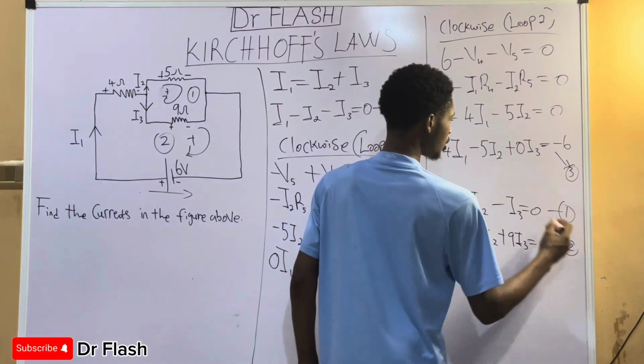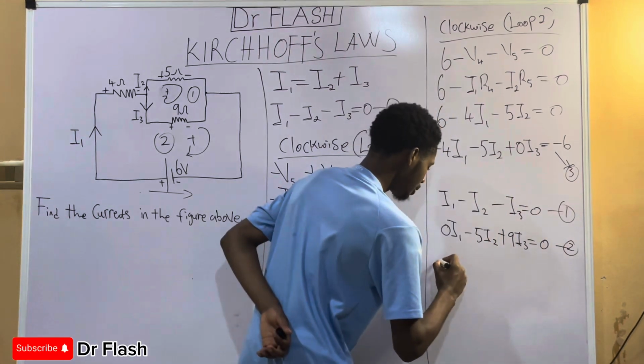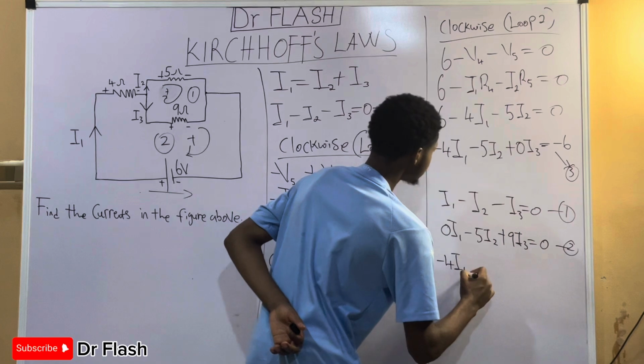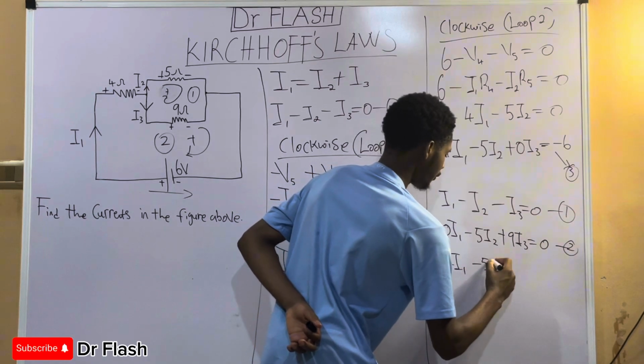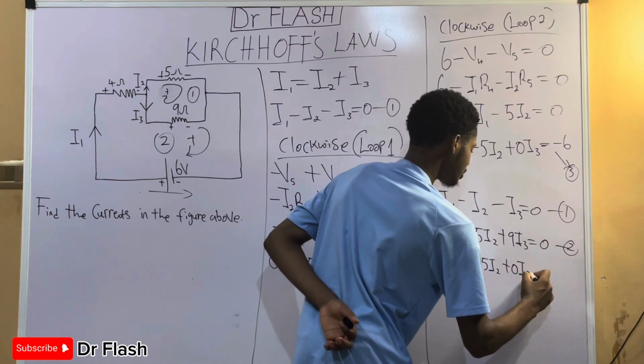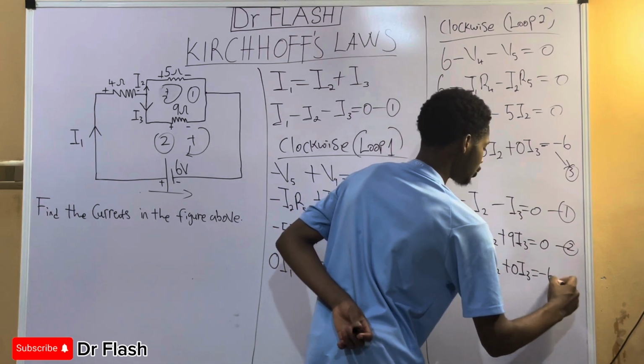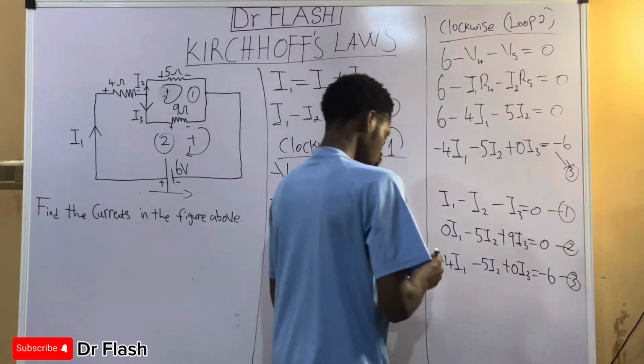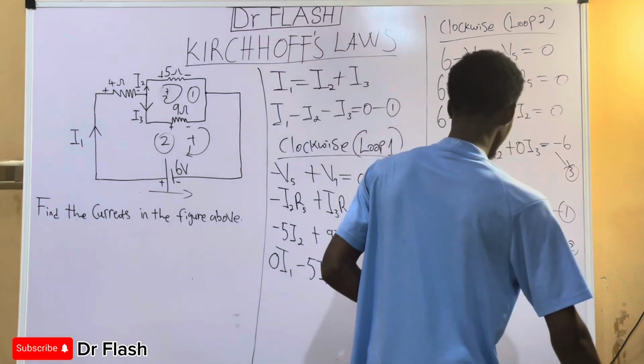This is equation 2. And then we'll have equation 3, which is minus 4I1 minus 5I2 plus 0I3 is equal to minus 6. We are then going to solve these three equations simultaneously by using a calculator.